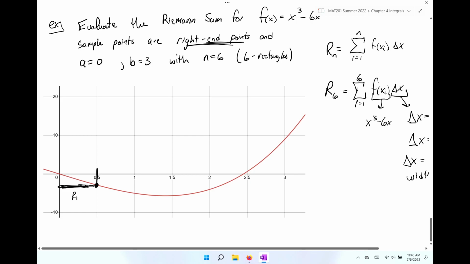Now I'm going to keep doing this. Here's R2. Here's R3. Here's R4.